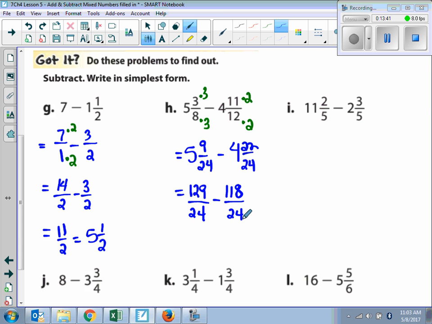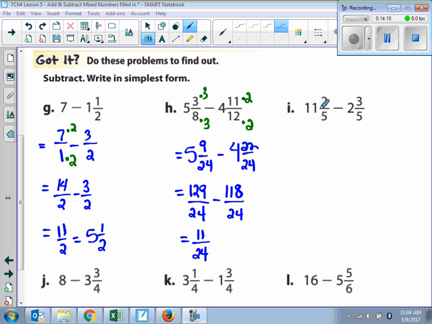So when we subtract 118 minus 129, we're going to get, right, very good. So this is going to be 11/24. Now, as we were doing this problem, I realized that it probably would have been easier for us to change it to an improper fraction first and then get common denominators. Okay? So if you can do that, that would be a good choice.